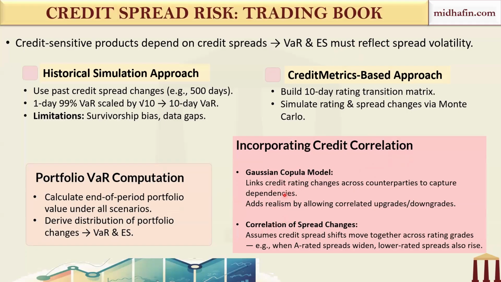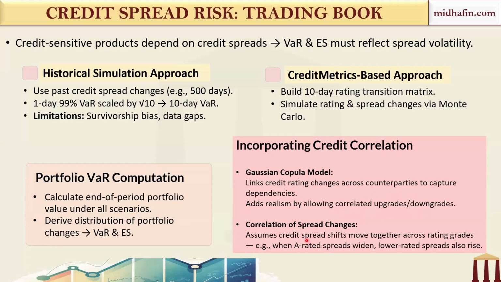The first one is the Gaussian copula model. It introduces dependence between credit rating transitions of different counterparties, different issuers. So essentially, it allows us to model situations where downgrades or upgrades occur together, correlated upgrades and downgrades. The second approach involves modeling of the correlation of credit spread changes.